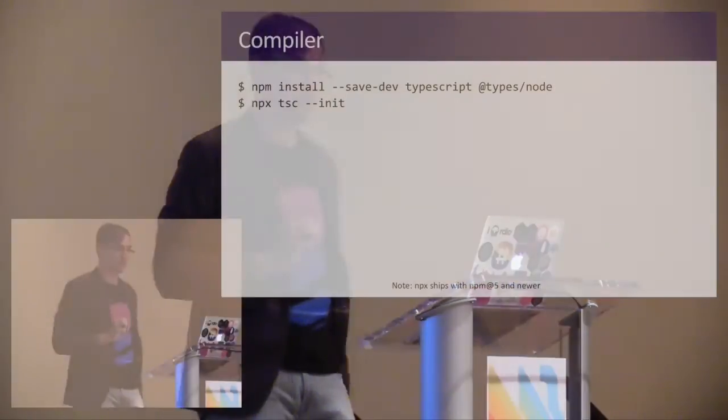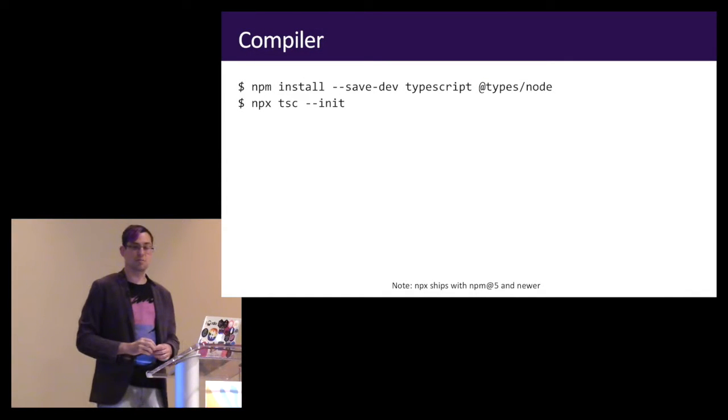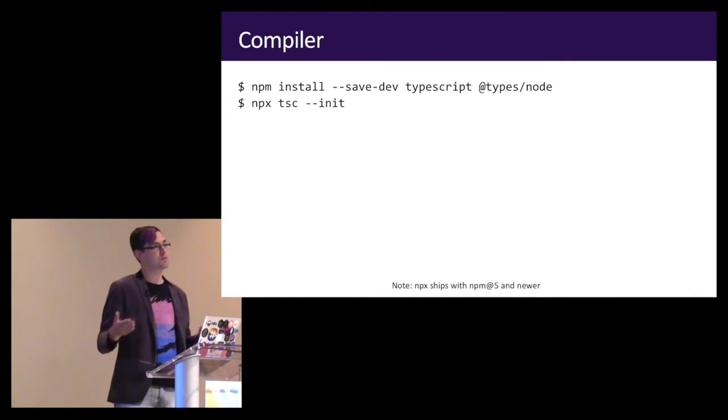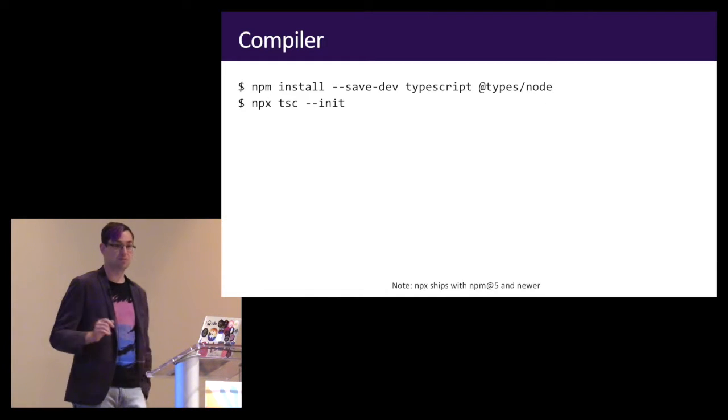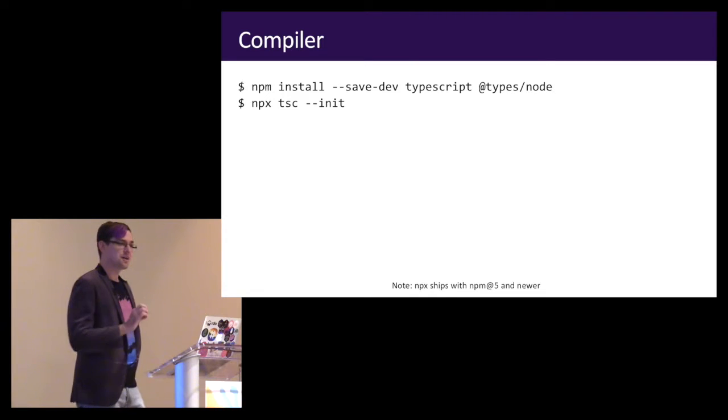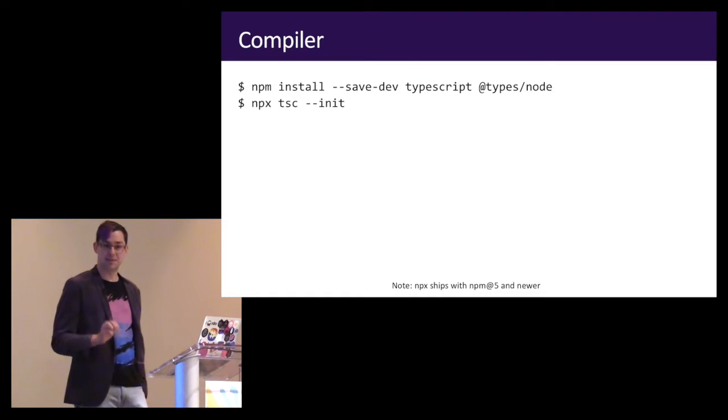In this case, I'm using a program called npx to run that. If you have ever installed a module before without installing it globally, you probably noticed that you can't access any binaries that it comes with, whether this is Webpack or Babel or something else. Well, npm 5 specifically, which is a couple months old now, I think, ships with a new tool called npx.